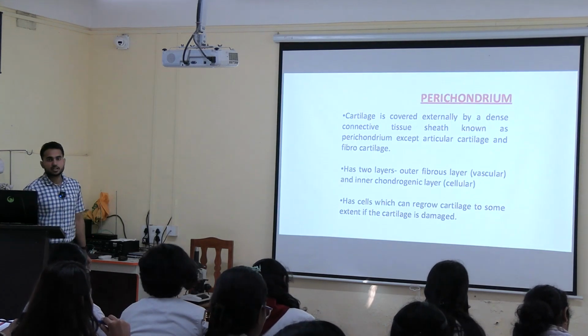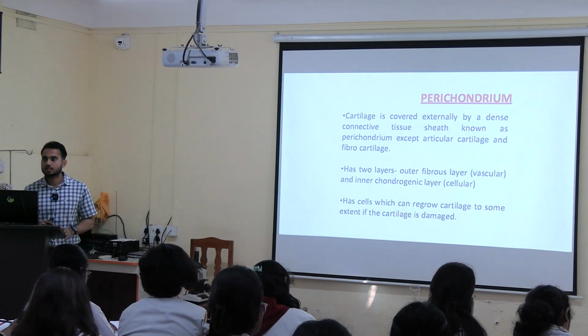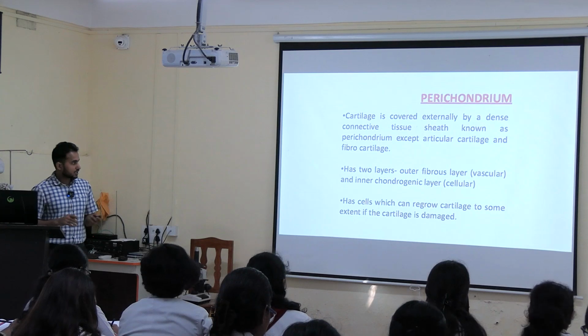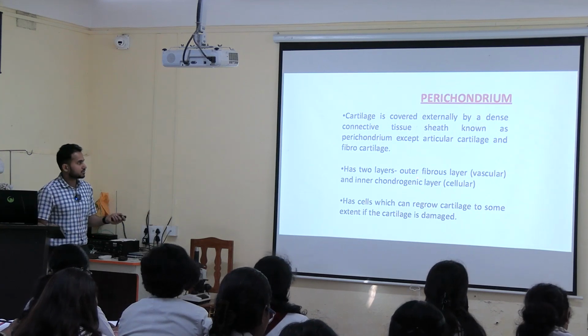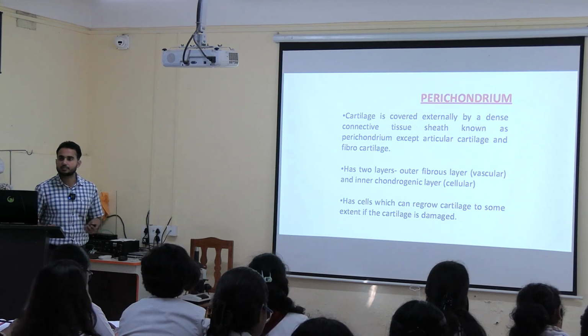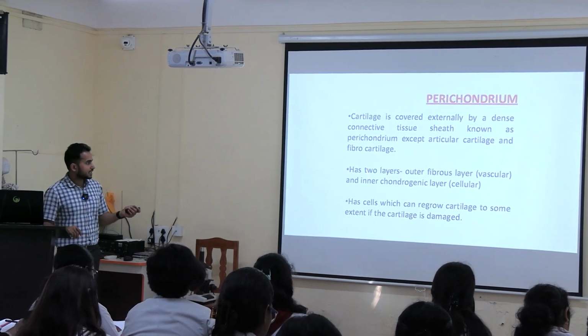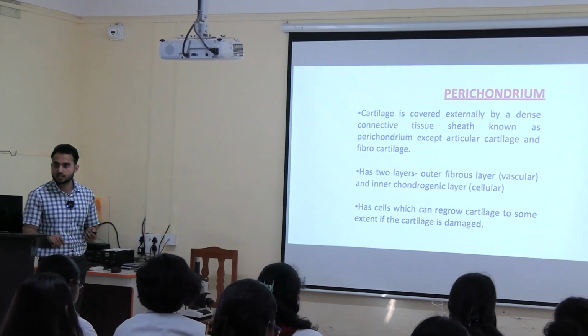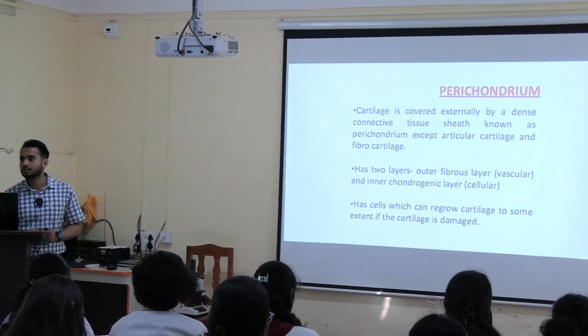Next, perichondrium. As I said, perichondrium is the outer covering of cartilage. This perichondrium has two layers. As you can see, the outer fibrous layer is vascular, that means blood vessels are present, and then the inner chondrogenic layer, which is cellular. Cells are present, that means chondrogenic cells are present.